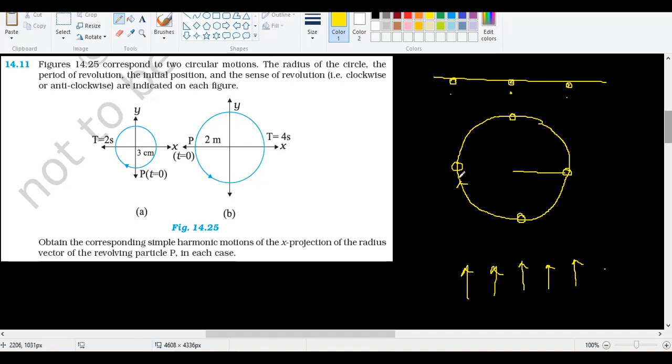This radius they said 3 centimeter. If I say this is 3 centimeter, you can imagine that this is also going to be 3 centimeter. They said the time period is 2 seconds.